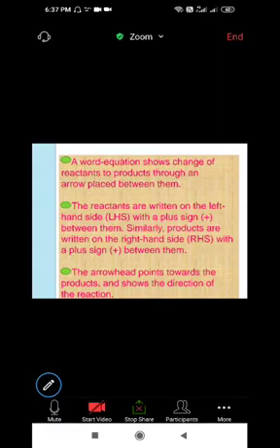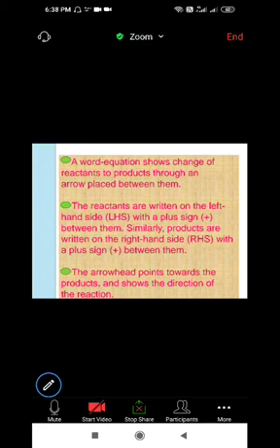See, the word equation shows the change of reactants to products through an arrow placed between them. The reactants are written on the left hand side, which we write as LHS in short form, with a plus sign between them.